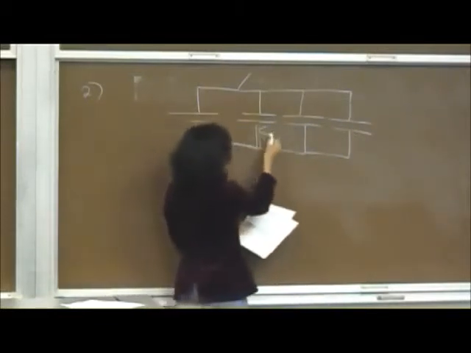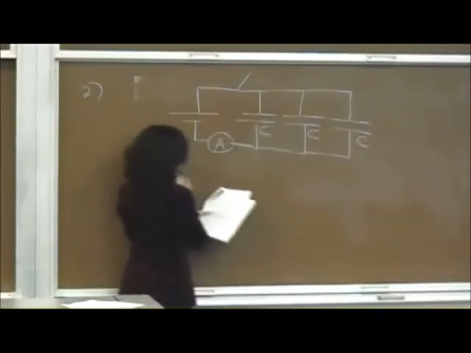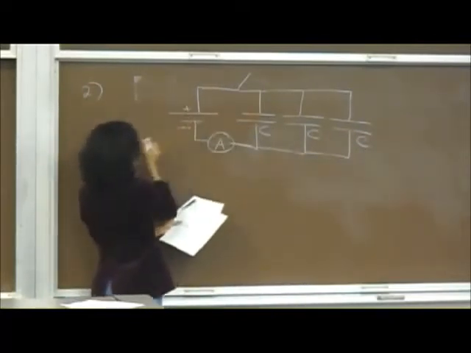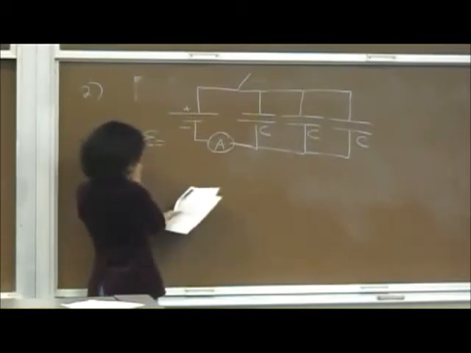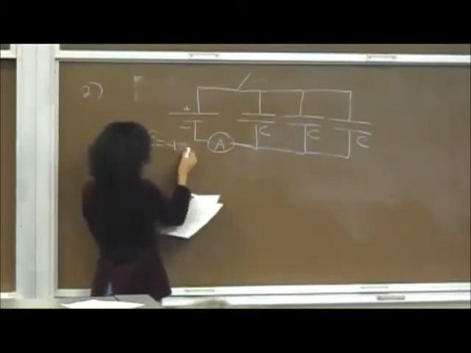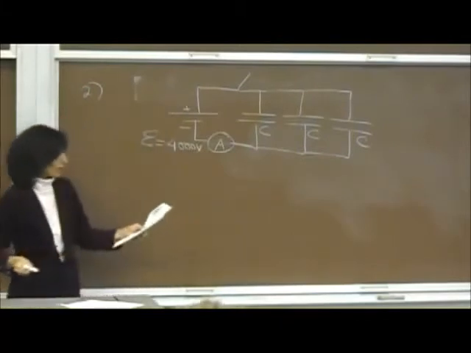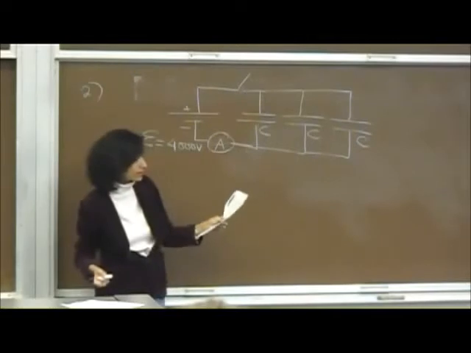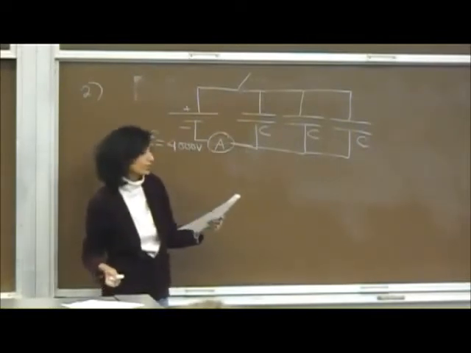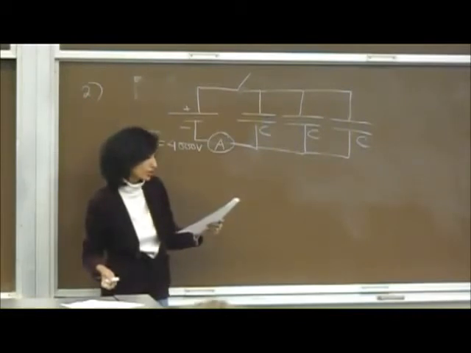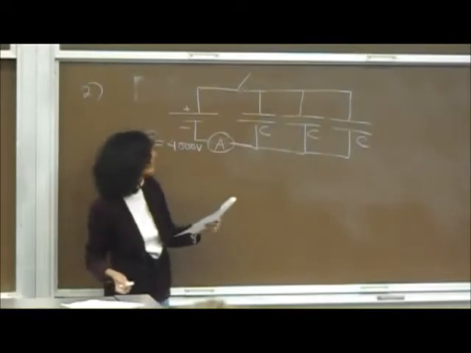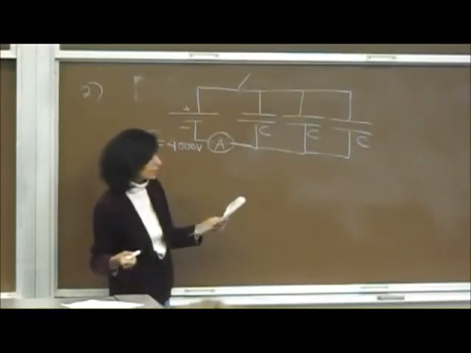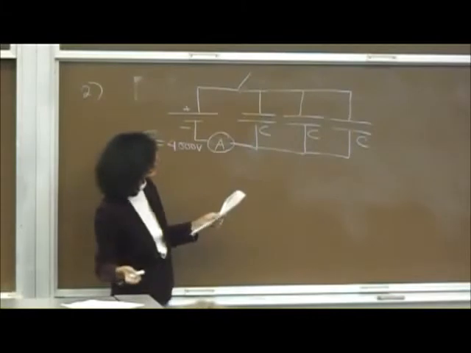And all the capacitors have the same capacitance C. And you have a battery. This is an ideal battery that's providing a potential difference of 4,000 volts. There is a switch here that's initially open, and the question is asking you how many coulombs pass through the ammeter after the switch is closed, and what is the total energy stored in the capacitors after they are fully charged. And it's saying assume that the capacitors are initially uncharged.